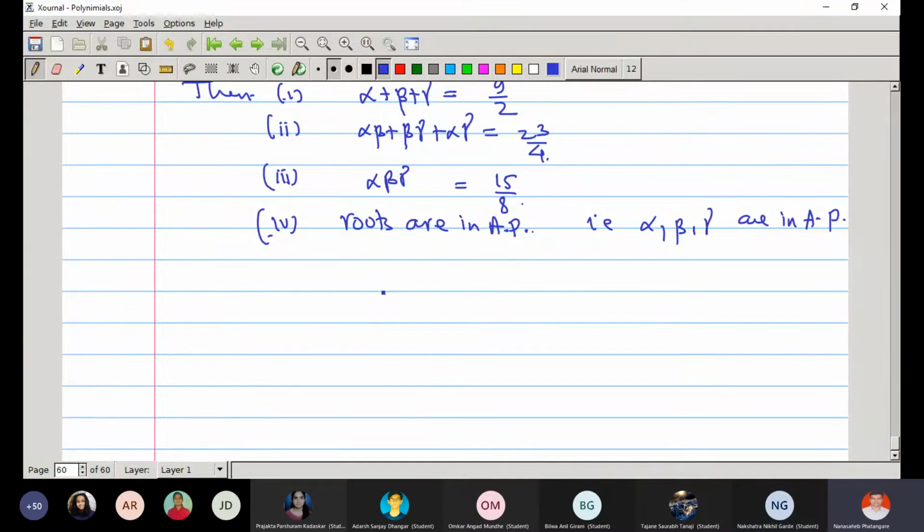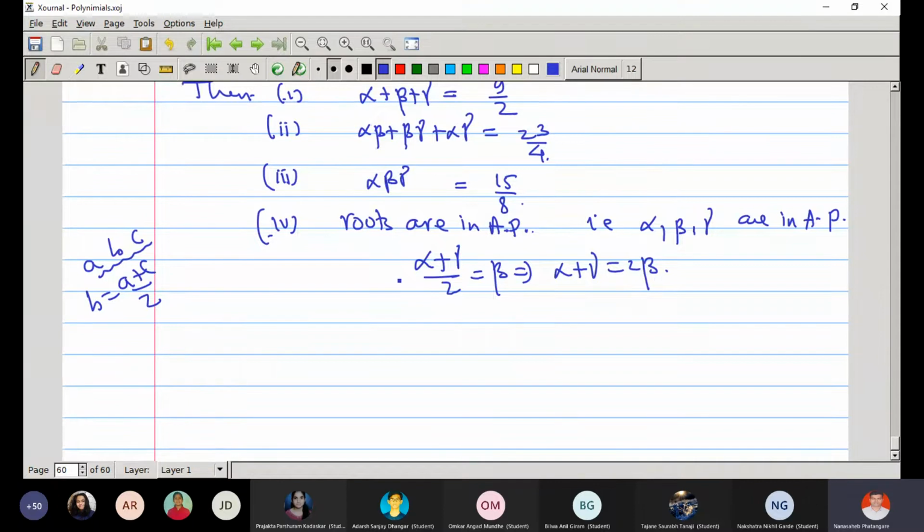So three numbers A, B, C are in arithmetic progression means the middle term is the mean of the two adjacent terms. So B is equal to A plus C by 2, right? Therefore, alpha plus gamma upon 2 is equal to beta, or alpha plus gamma is equal to 2 beta. This is the additional information given. So we are writing very systematically so that there is no confusion.